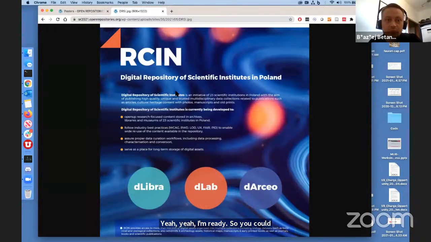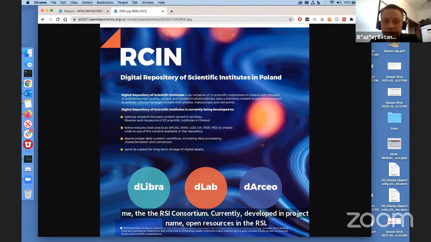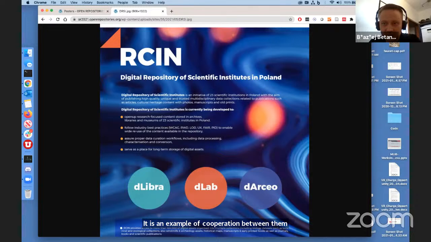This poster presents RCIN, which stands for Digital Resources, a digital repository in scientific institutions maintained by Polish institutes forming the DRSI consortium, currently developed in the project named Open Resources in DRSI. It is an example of cooperation between thematically diverse scientific institutes across Poland.